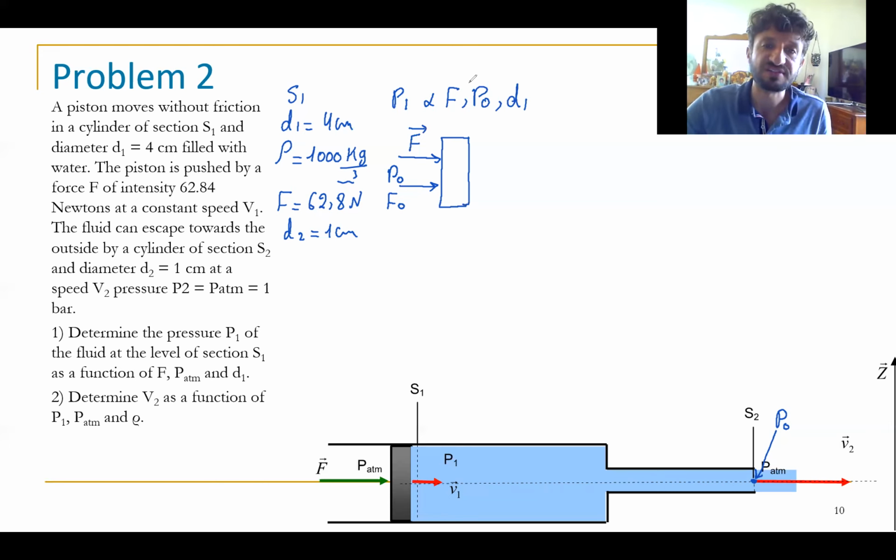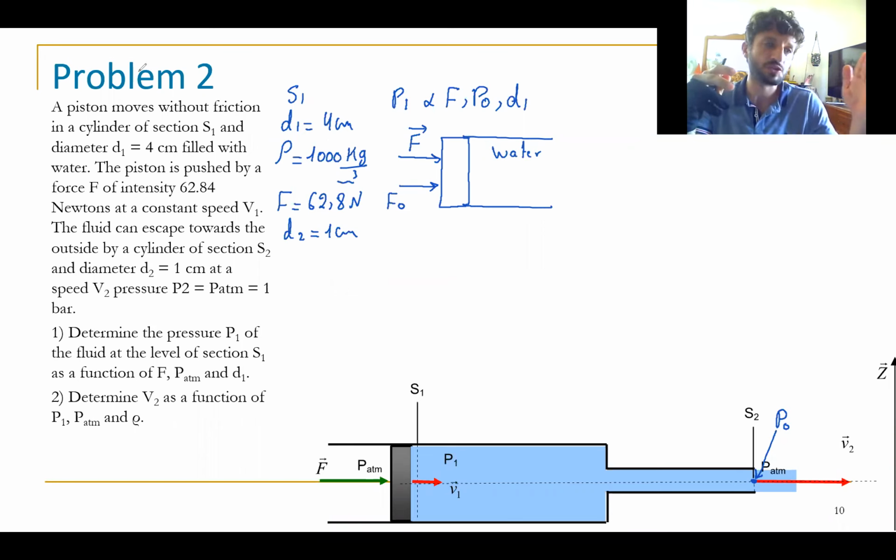From the left side, we have F and F0. From the internal side, we have water. As we have water and a small outlet, if I push the piston, the water will have some resistance.